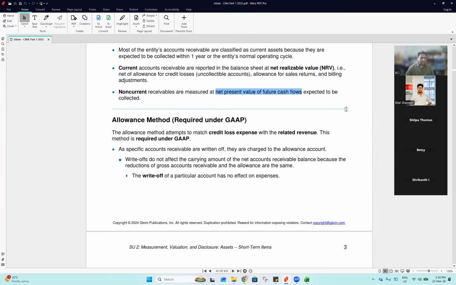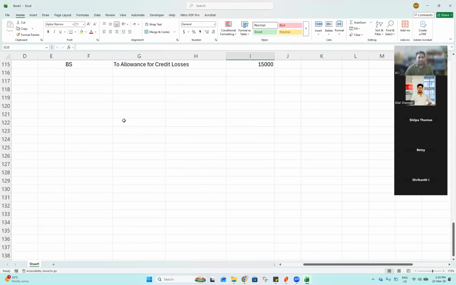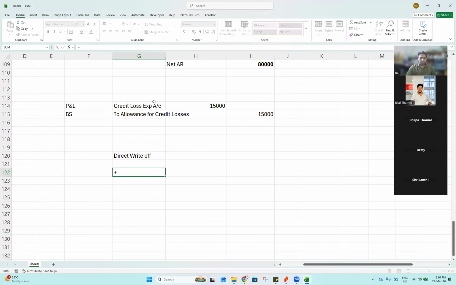At that time, your entry will be the direct write-off. So your entry will be credit loss expense account, applied to accounts receivable. For example, 15,000.